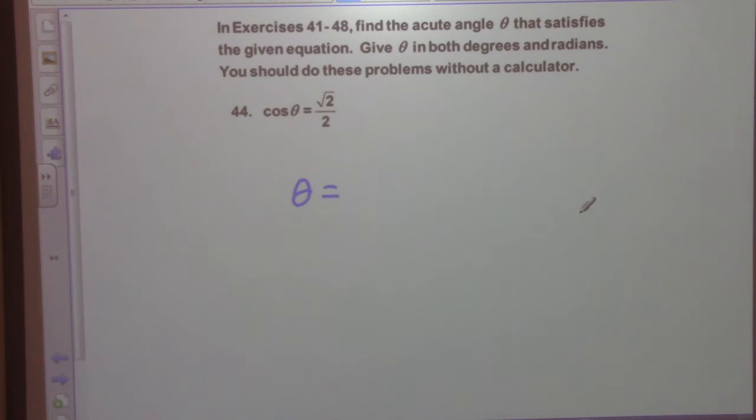Where do we see square root of 2 over 2? Oh, you're looking at square root of 2 terms. Yeah, so we get theta equals 45 degrees, or pi over 4 radians.